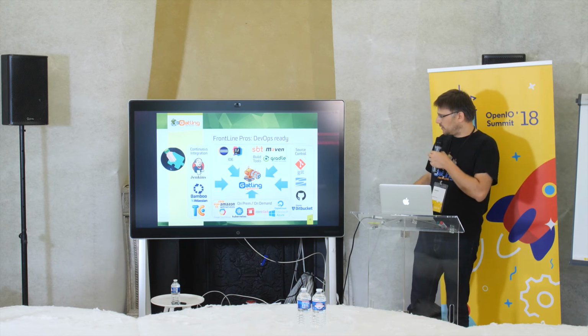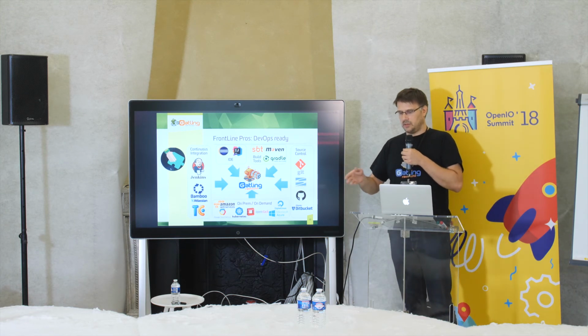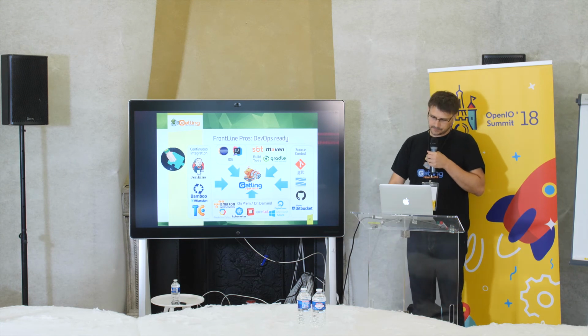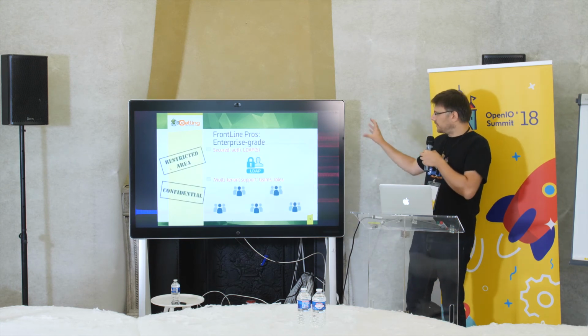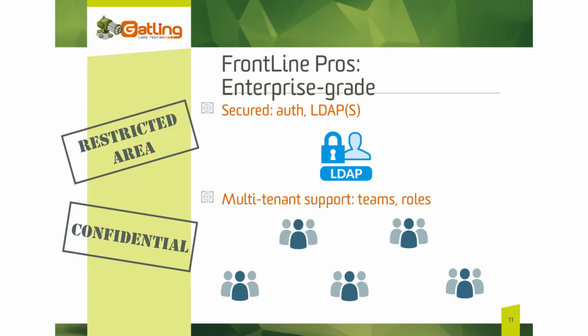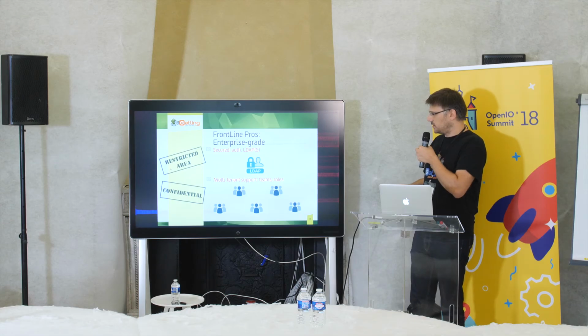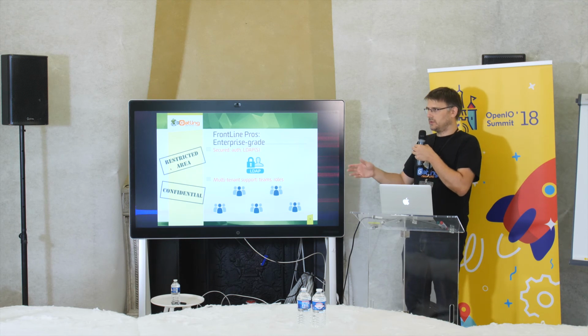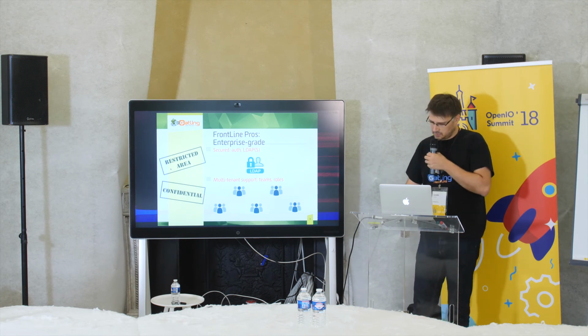And we're also currently working on Kubernetes and OpenShift support. And with FrontLine, you also have a solution that is really enterprise grade that you can plug into your directory to get more secure, where you can support multi-tenant, so have different teams and people with different roles inside the teams, and make sure that people from different teams don't mess up with the tests of the other teams.